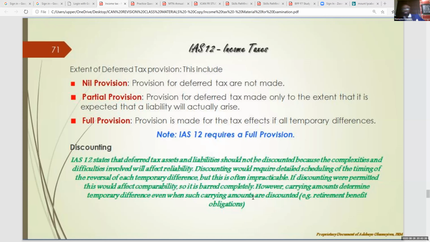And finally, the third school of thought talks about making full provision, which is the position that is adopted by IAS 12, which says deferred tax should be recognized as far as possible on all assets and liabilities, which then means that deferred tax should always be computed on all assets and liabilities, provided it gives rise to temporary difference.